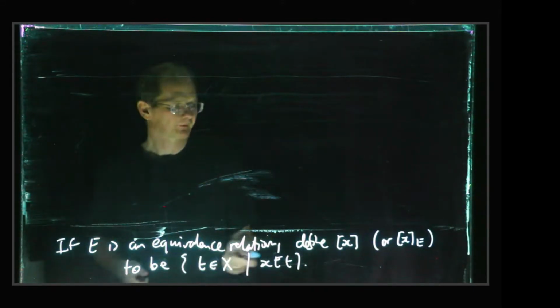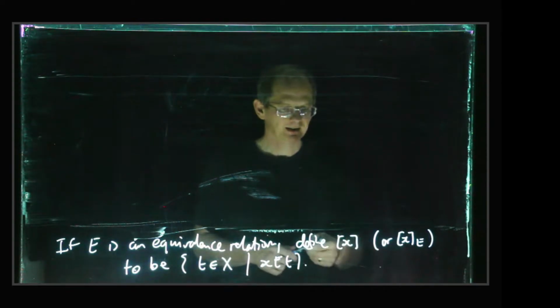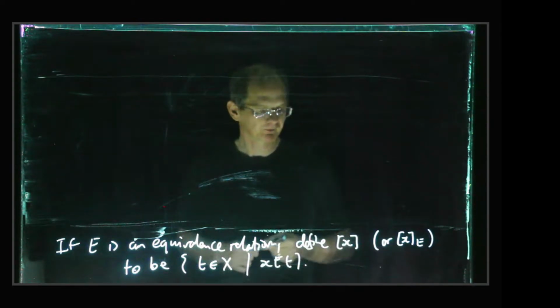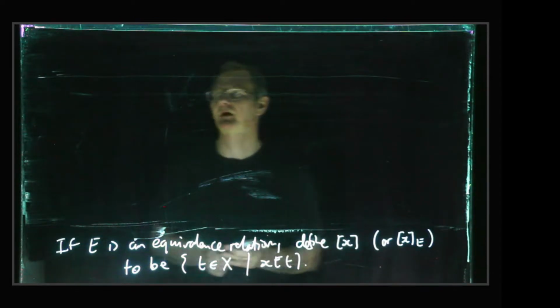So, some basic properties of these sets square bracket x, which are called, remember, the equivalence class of x.